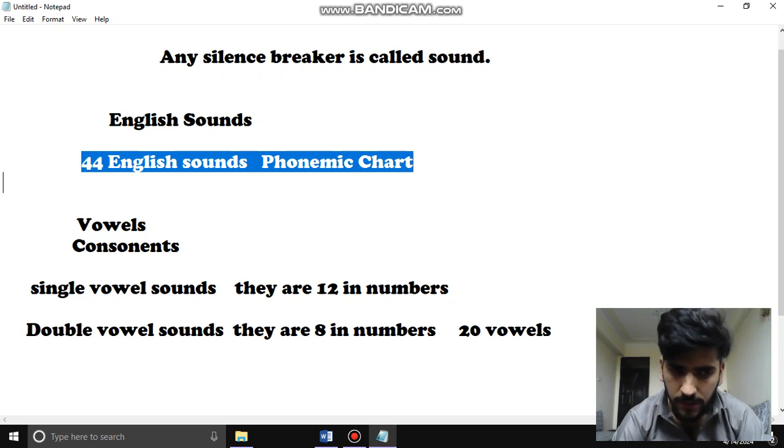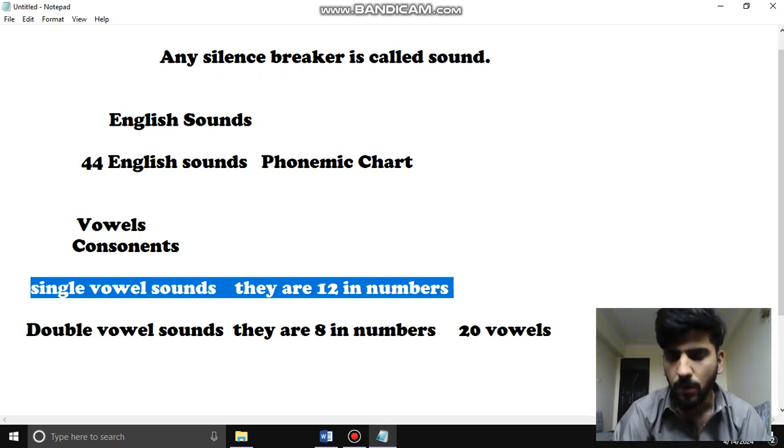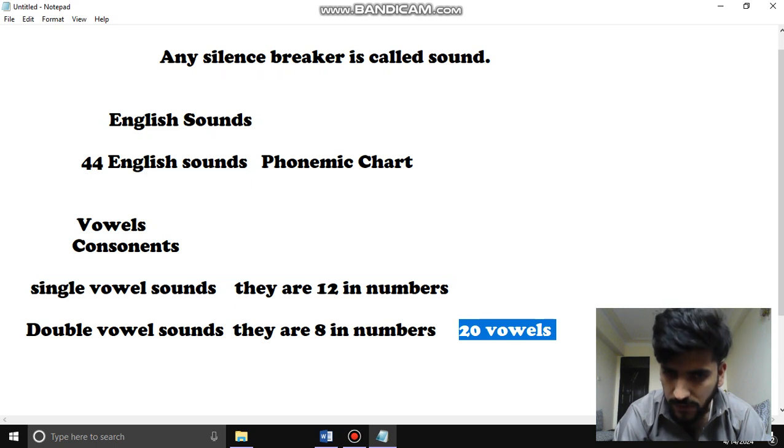Vowels are divided into two groups: number one, single vowel sounds, and number two, double vowel sounds. Single vowel sounds are 12 in number, and double vowel sounds are 8 in number. So 12 plus 8 equals 20 vowels.